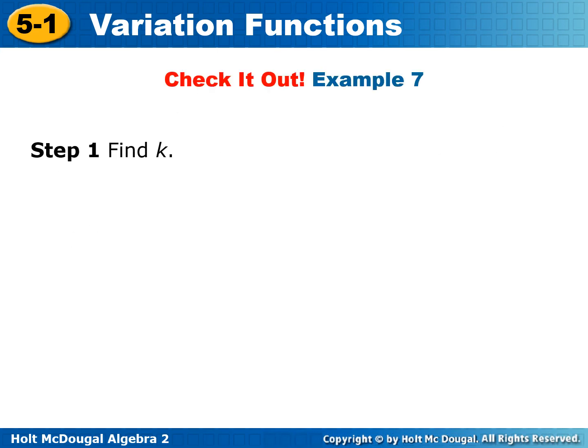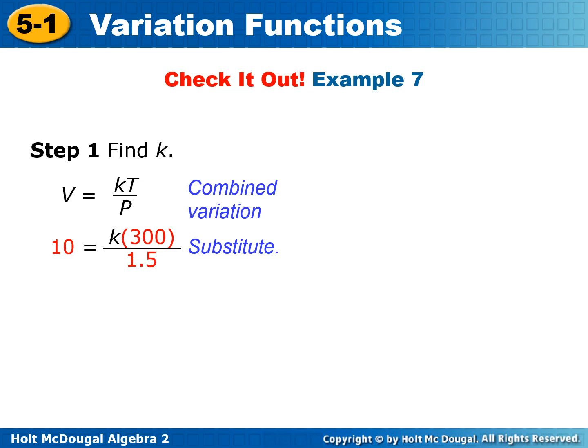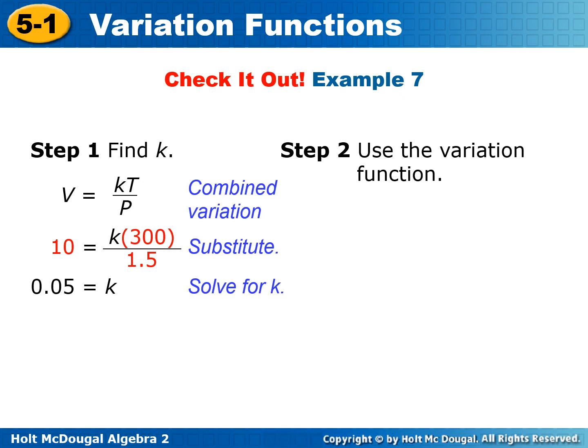So step 1, we are going to find k using the formula V is equal to kT over P. And then we are going to substitute all the values. So after cross multiplication and dividing both sides by 300, k equals 0.05. And from here, we are going to use the variation function.